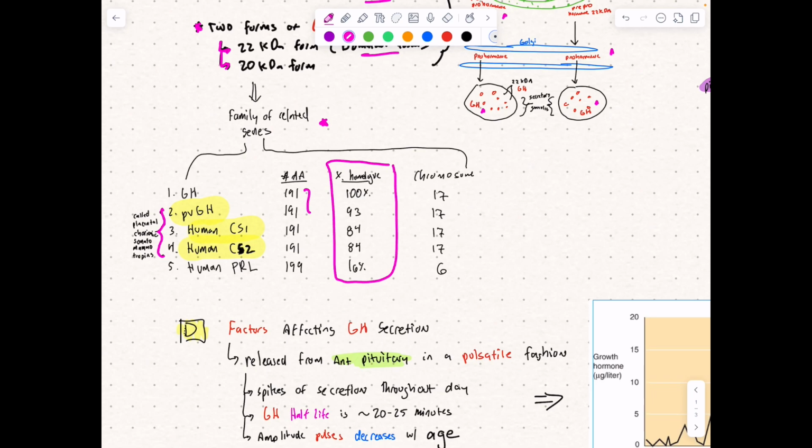You can see that these all have the same number of amino acids. These four, which includes growth hormone, are coming from the same chromosome. And these three in particular, PVGH, human CS1, human CS2, are called placental chorionic somatomammotropins. The idea is that they're helping during pregnancy, with fetus and placenta development, etc.